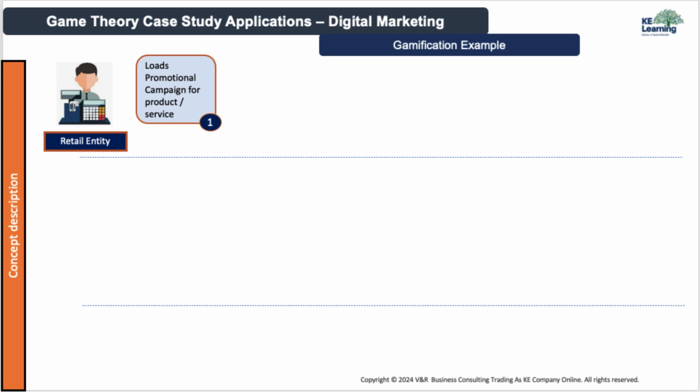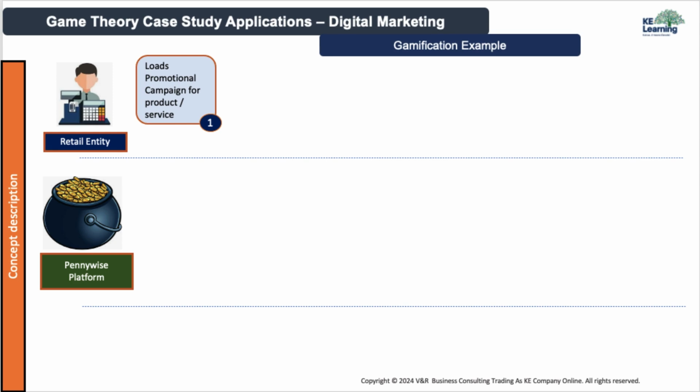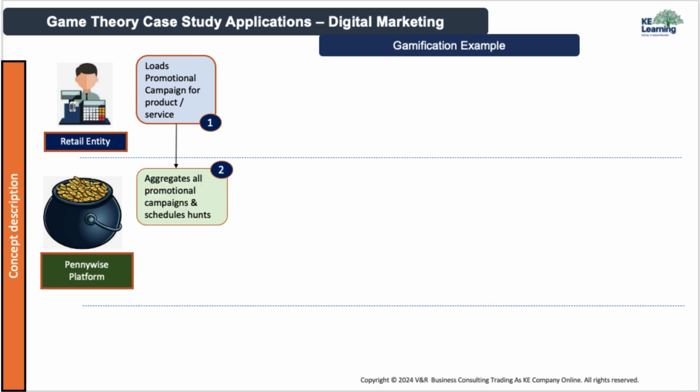They load a campaign onto the platform, which is a simple, intuitive, and straightforward process. The platform then aggregates all campaigns loaded by retailers within different vicinities and schedules all these loaded campaigns. Note the word hunt is already giving you a hint about the approach the gamified campaign is likely to take.